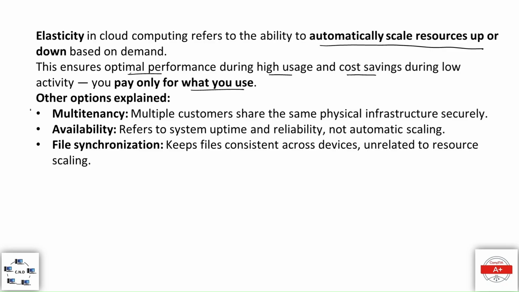Other options: multi-tenancy is where multiple customers share the same physical infrastructure securely. Availability refers to system uptime and reliability, not automatic scaling. And file synchronization keeps files consistent across devices and is unrelated to resource scaling.